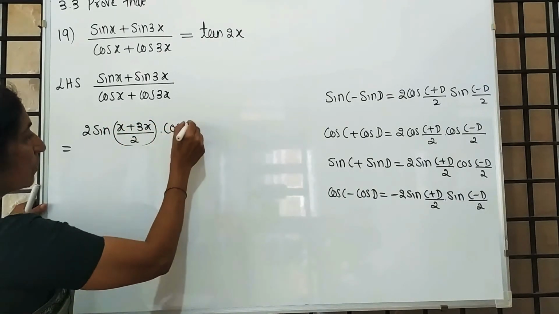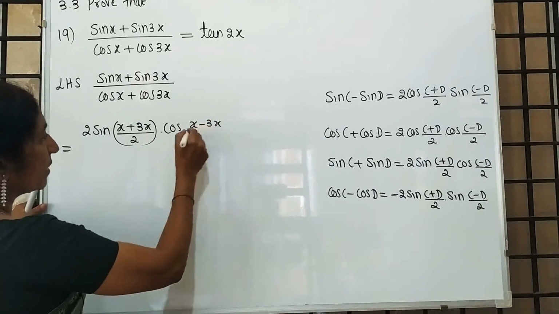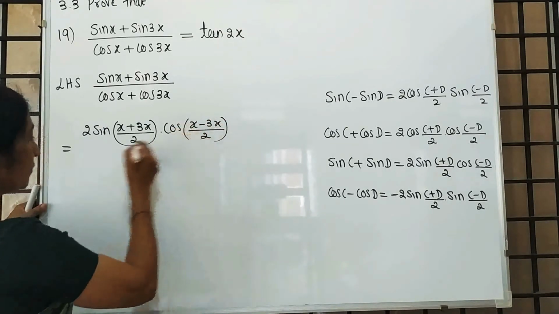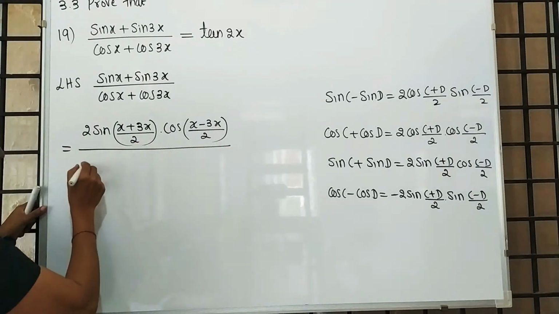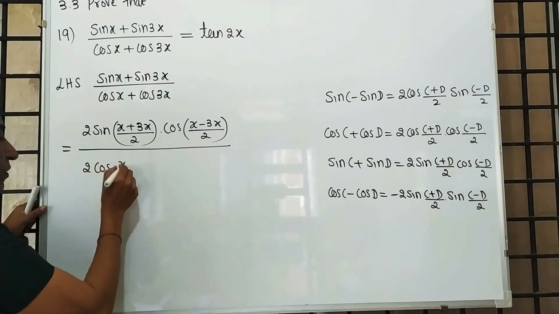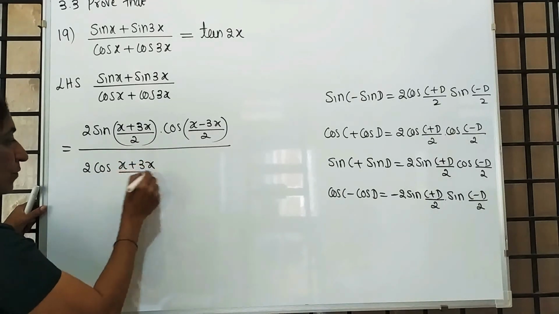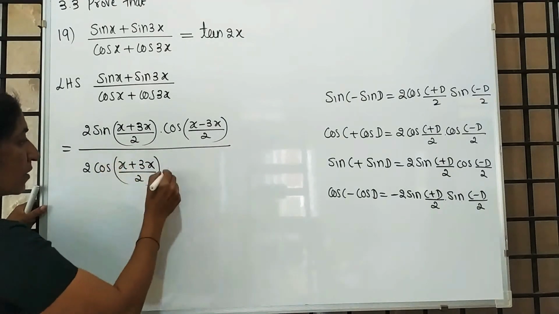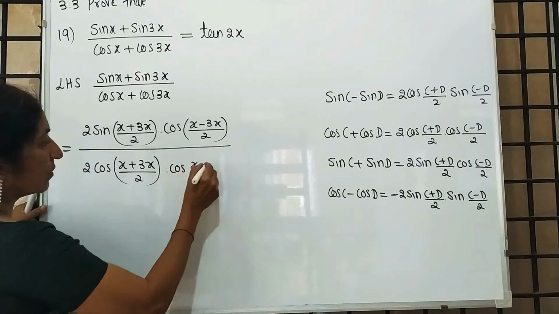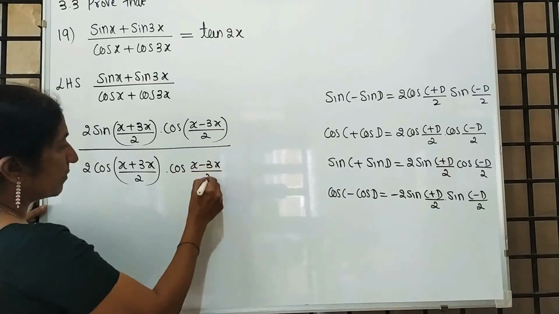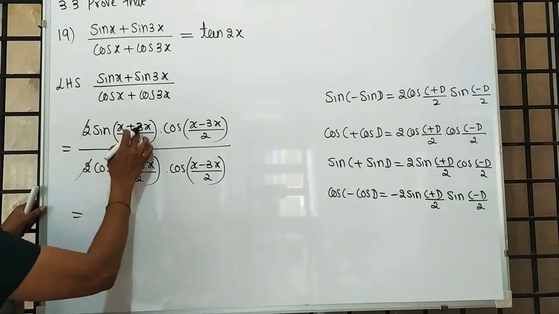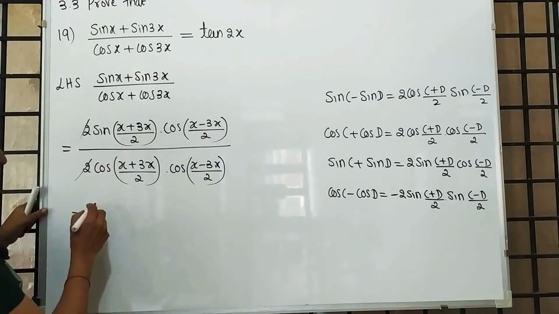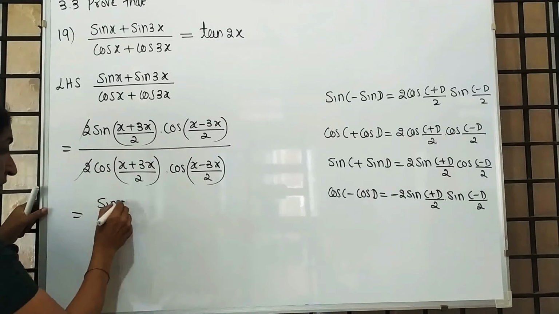2 sin (C plus D)/2 into cos (C minus D)/2 whole divided by cos C plus cos D, which is 2 cos (C plus D)/2 into cos (C minus D)/2. Here 2 gets cancelled. x plus 3x is 4x, 4x divided by 2 is 2x: sin 2x.